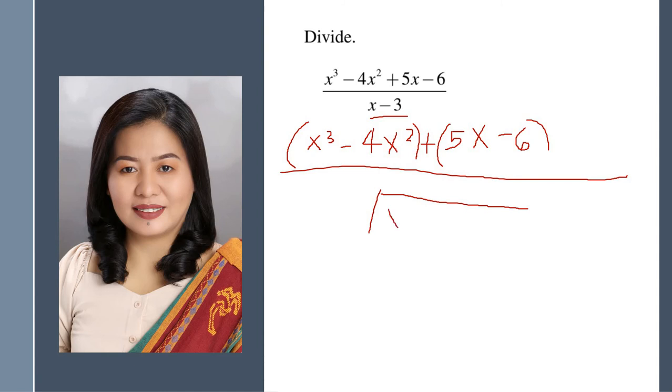So we have x cubed minus 4x squared plus 5x minus 6. You have to extend the division bar, and we have x minus 3 outside.